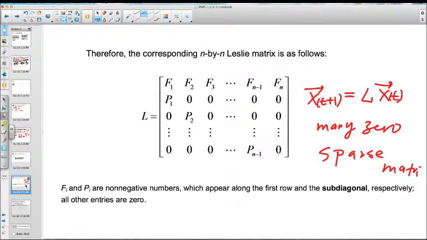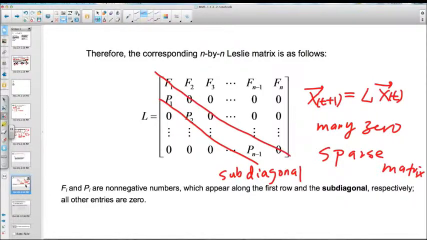A lot of research is going on on how to compute this efficiently when you have many zeros. And second, this line, we call it a subdiagonal, because it's right behind the major diagonal. You only get this line, no 0, and this column, no 0. That's the characteristic of a Leslie matrix.